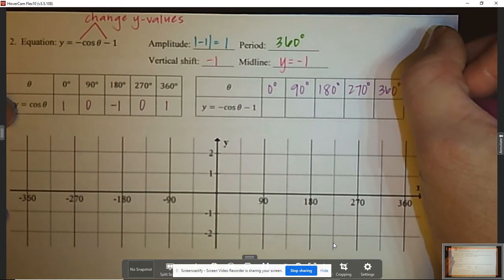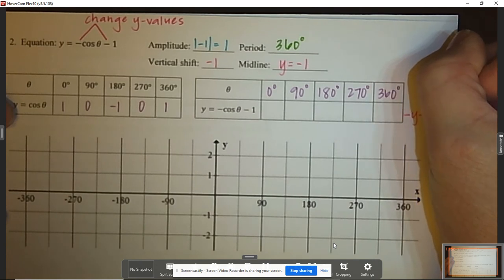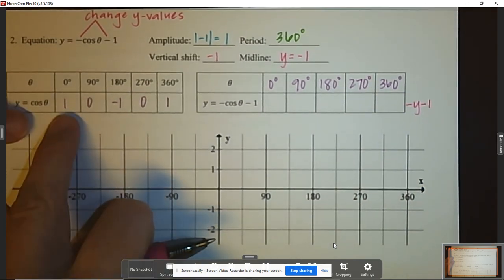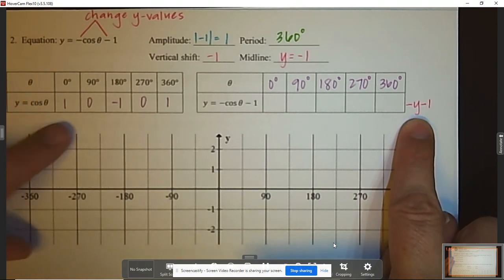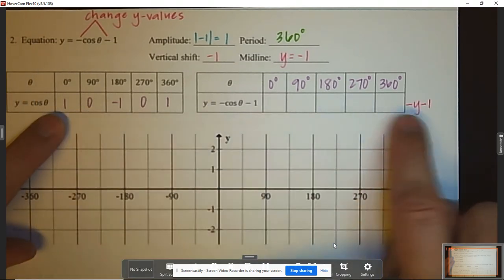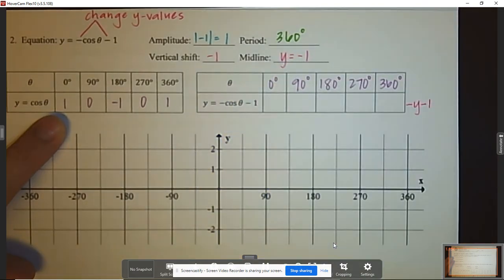In other words, you're going to multiply your y values by -1, or -y, and then subtract 1. So take each y value here and plug it into this little equation. So 1 times -1 is -1, minus 1 is -2.